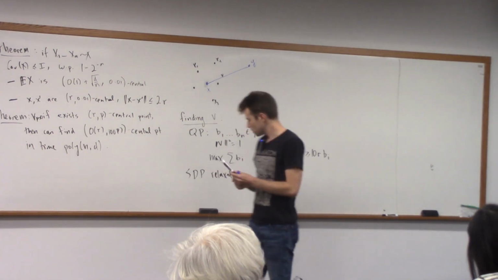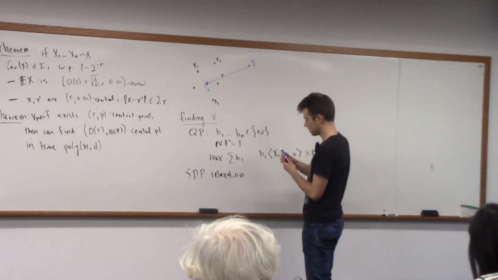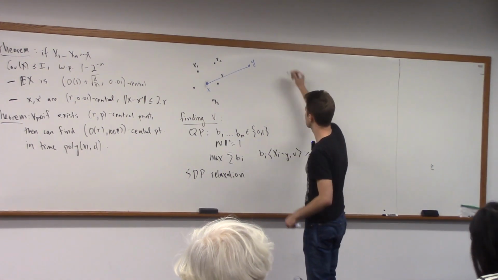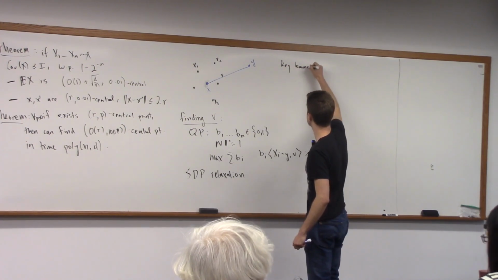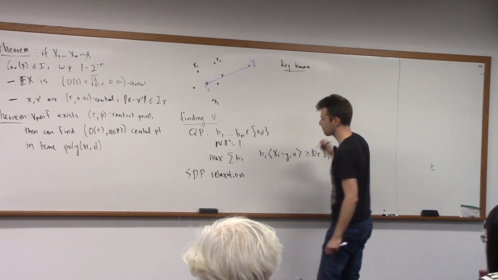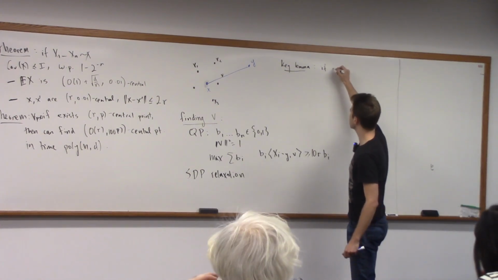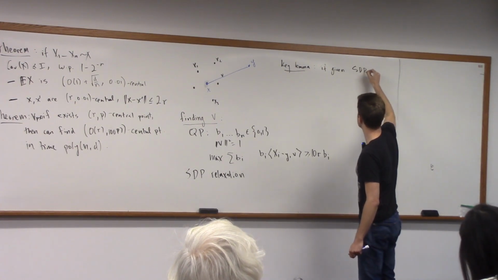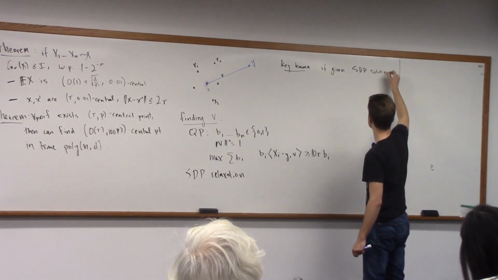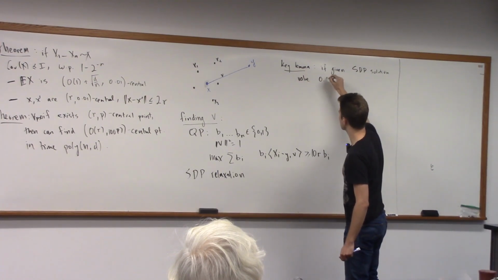So the key fact is this, key lemma. If you're given some SDP solution with value, let's say, 0.9n.